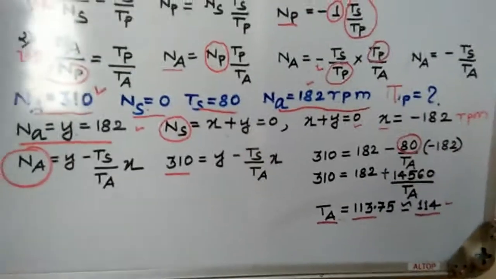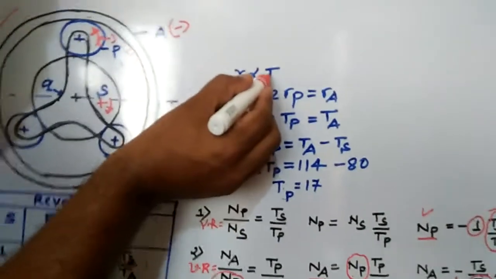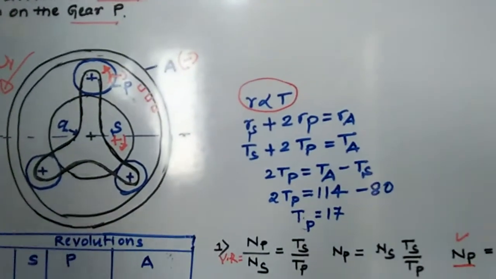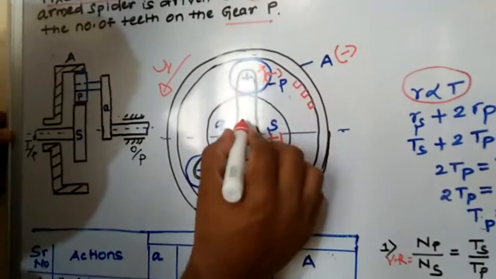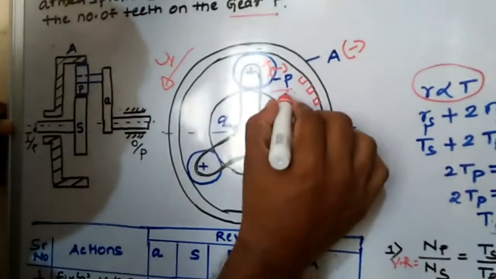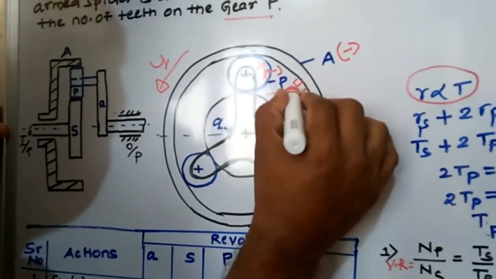Then once again you know this concept, that pitch circle radius is directly proportional to the number of teeth. I explained this in the reverted gear train. Look at the figure here. I can take this as Rs, the radius of the sun gear.